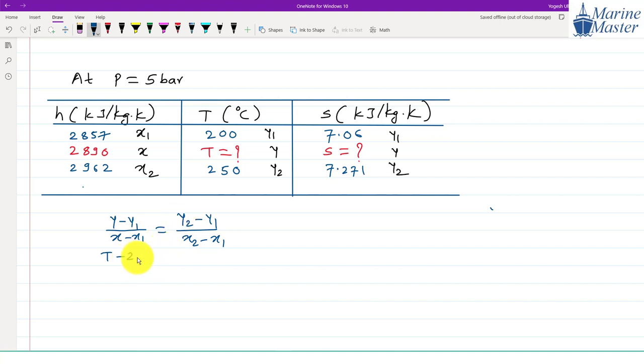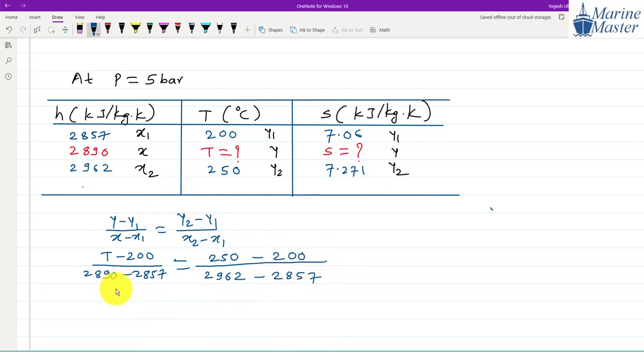Then Y1 is 200, X is 2890, X1 is 2857, equal to Y2, which is 250 for the temperature, minus Y1 200, divided by X2 2962 minus X1 2857.